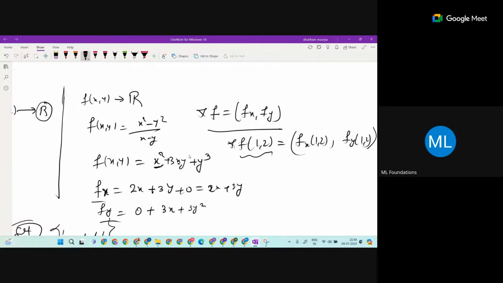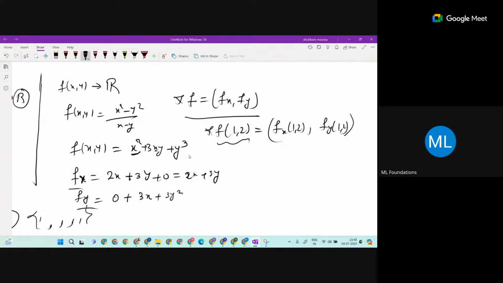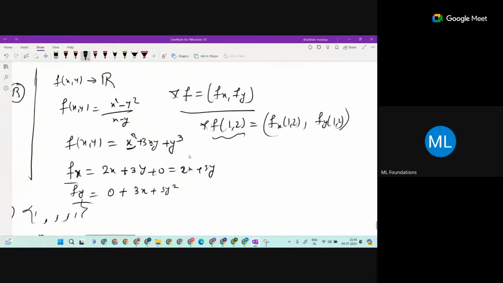And there is one more thing: steepest ascent and descent. What is that concept?